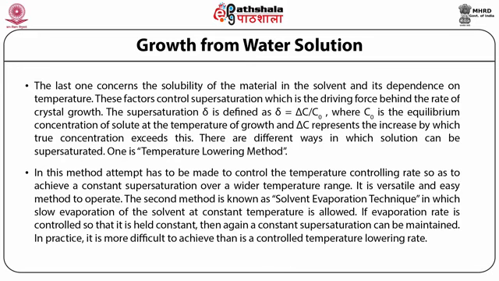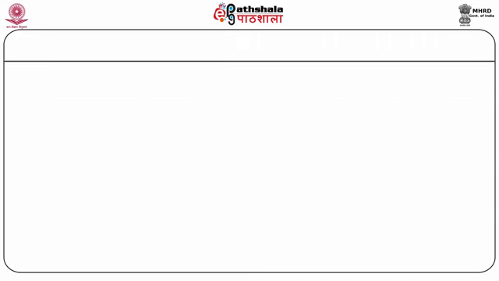The second method is known as the solvent evaporation technique, in which slow evaporation of the solvent at constant temperature is allowed. If the evaporation rate is controlled so that it is held constant, then again a constant supersaturation can be maintained. In practice, it is more difficult to achieve than a controlled temperature lowering rate.